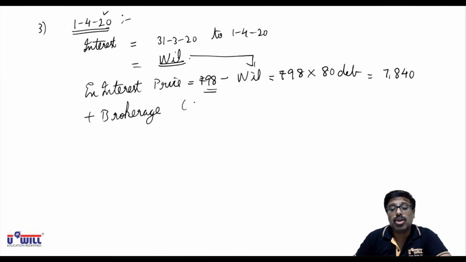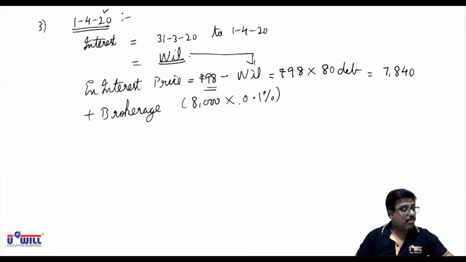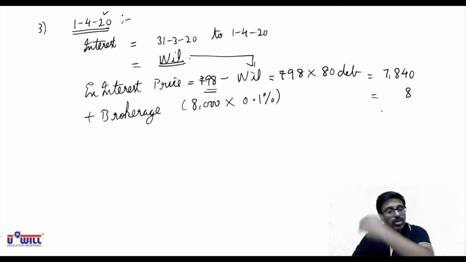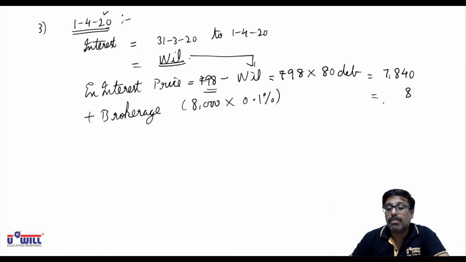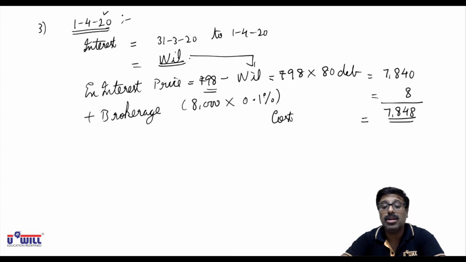So 8,000 nominal value of debentures into 0.1% brokerage. What will be the brokerage amount? 8 rupees only. So 7840 plus 8. What is the total cost of investments for us? 7848. This we will record in the cost or capital column.